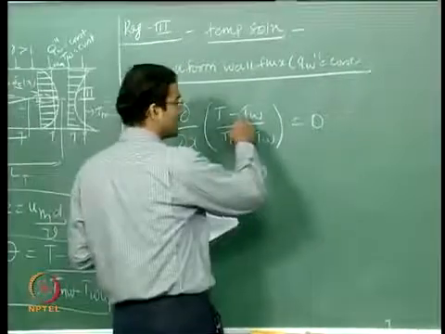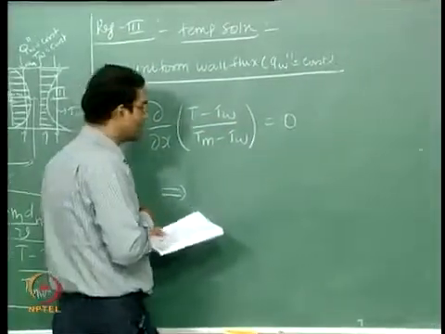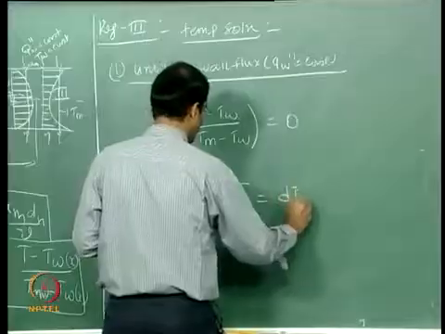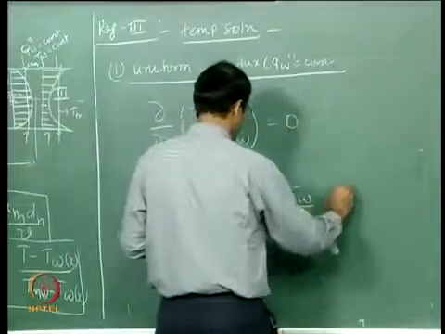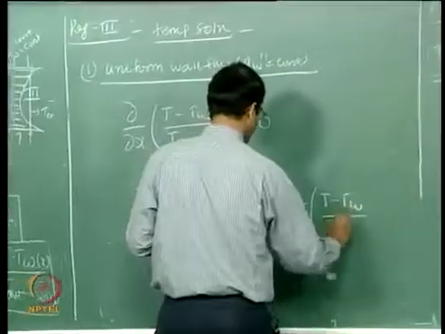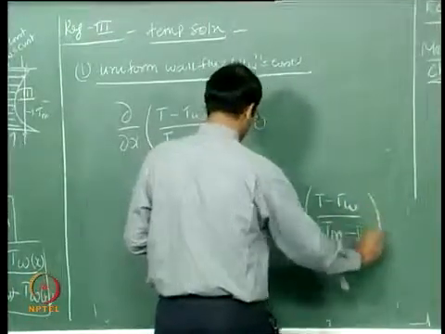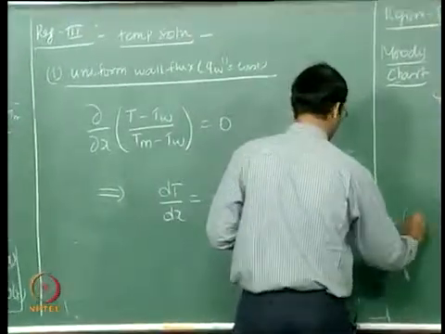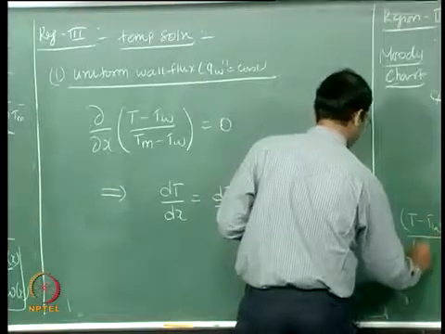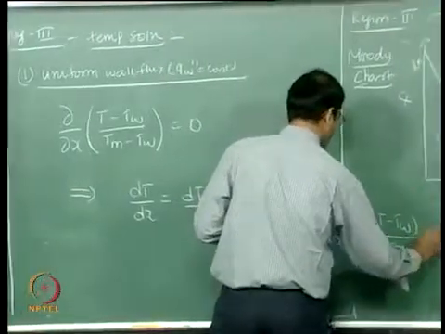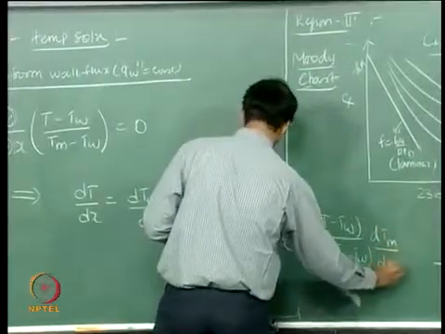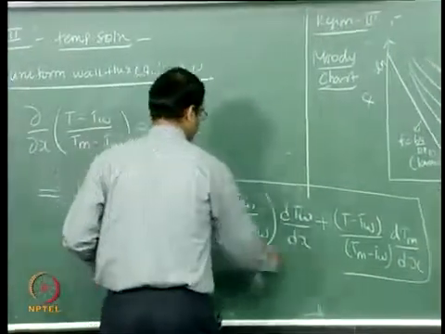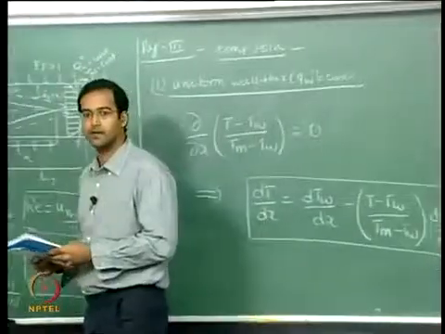This is (v du minus u dv) by v square, right? So if you differentiate and expand it, you can just try, I will give you some time, you should be getting an expression like this. All of you please try expanding this differential here.